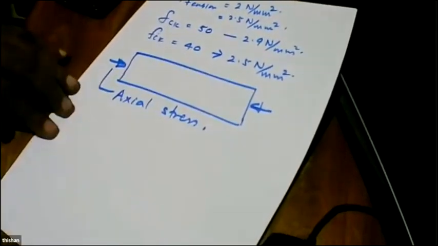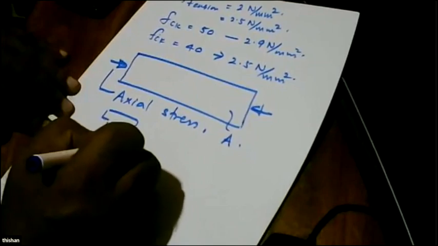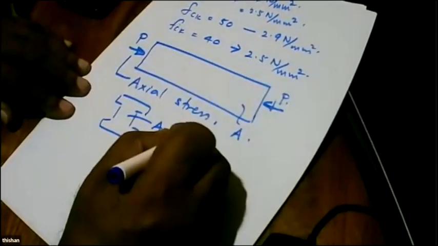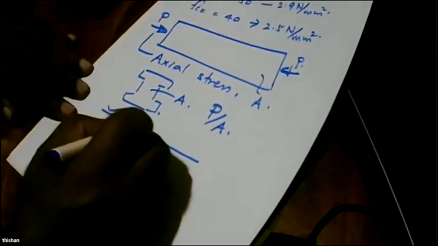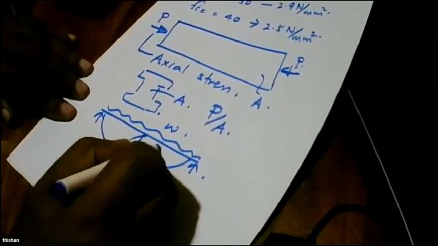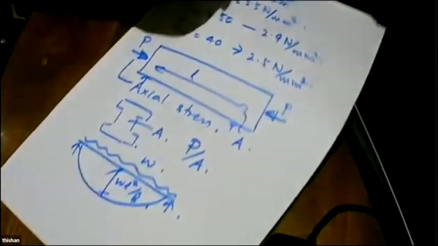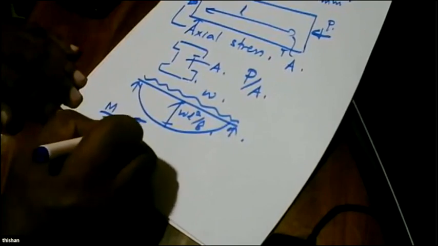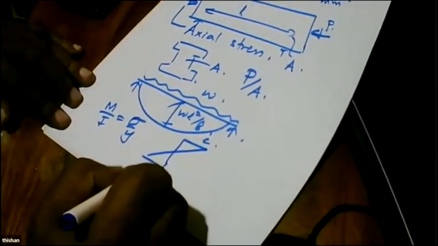If the area of the section is A and the force is P, what we get is P over A. Then we apply the load W, and we get a bending moment diagram with WL squared over 8, because the span is L. This gives M over I equal to sigma over Y, and we get a stress distribution like this, with this in compression and this in tension.